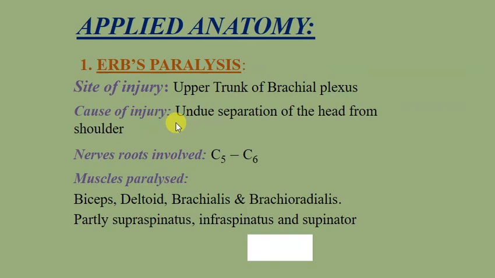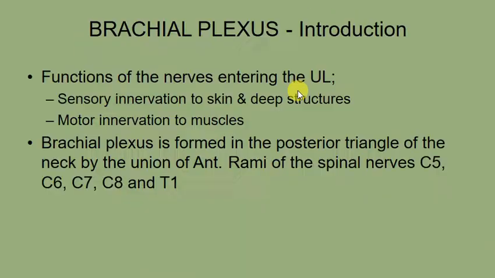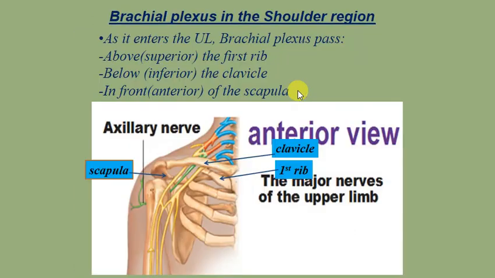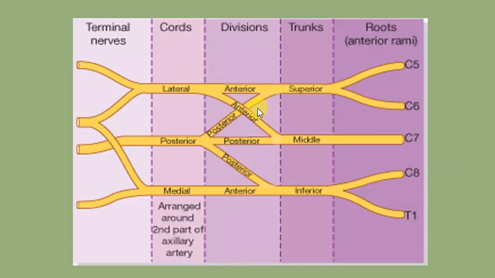Our first case to discuss is Erb's paralysis. In Erb's paralysis, the site of injury is the upper trunk of the brachial plexus. Now, if we move back and see what the upper trunk results in, upper trunk or superior trunk of the brachial plexus.